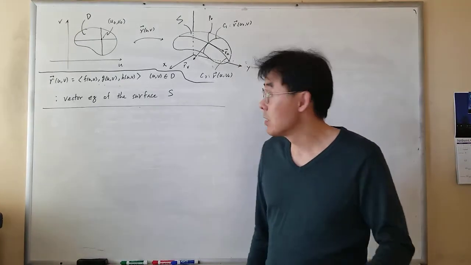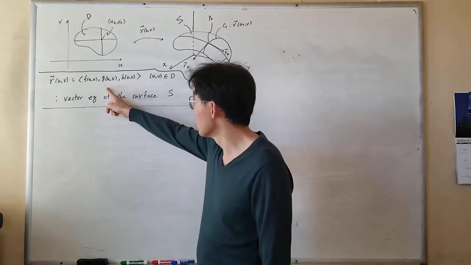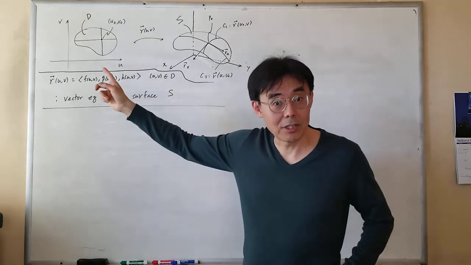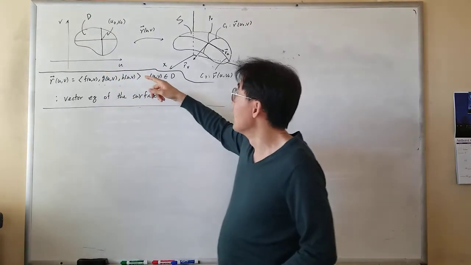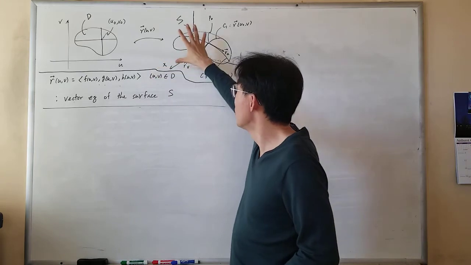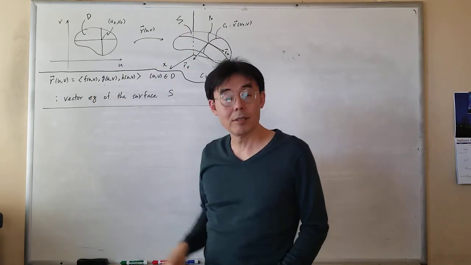When a surface is given by a vector equation, you remember this? Section 10.5. In general, we need a two-parameter representation.